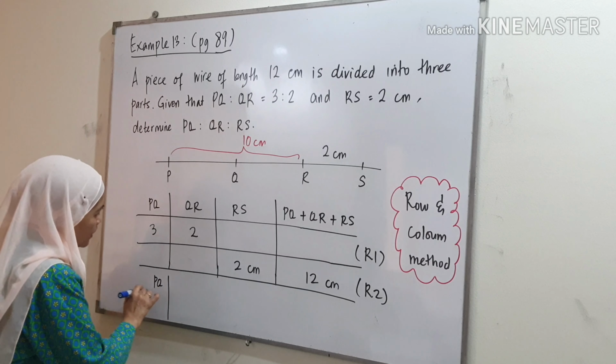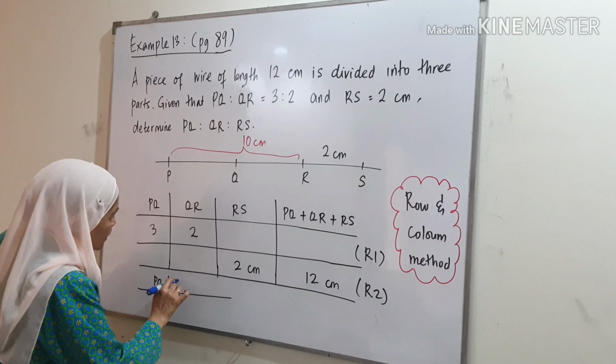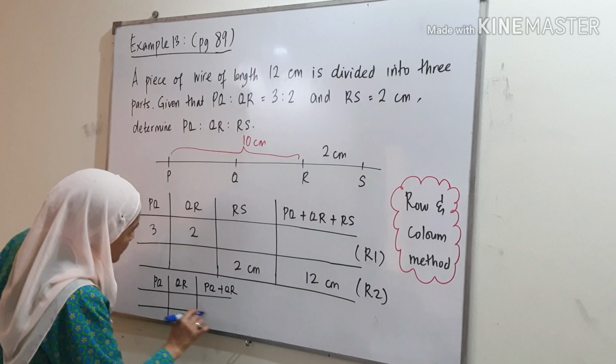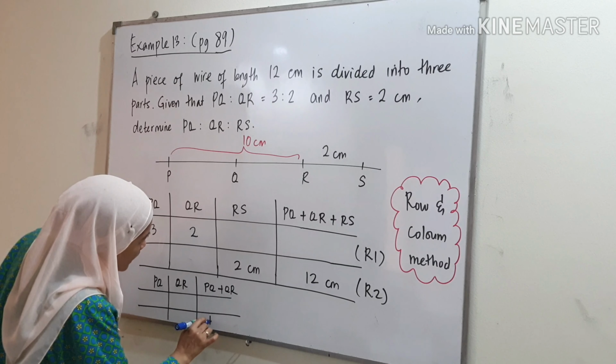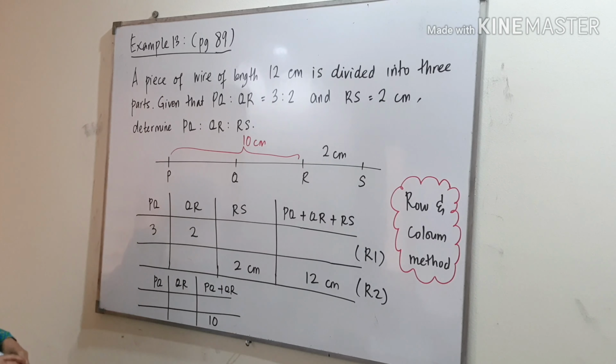Okay, PQ, QR, PQ plus QR. The real one is 10. So PQ 3, QR 2. This is R1, this is R2.